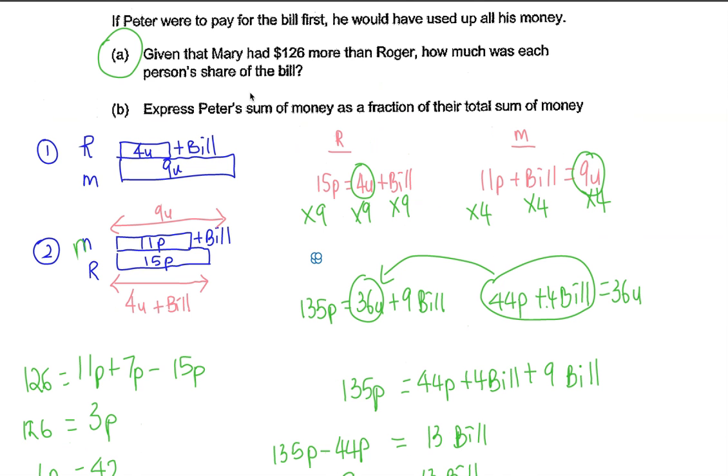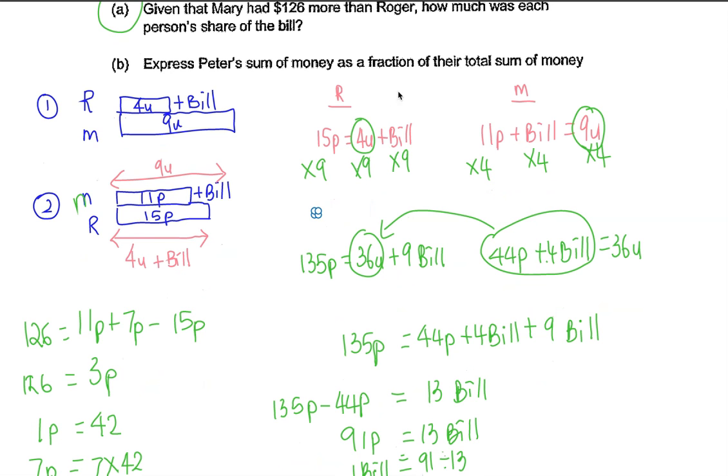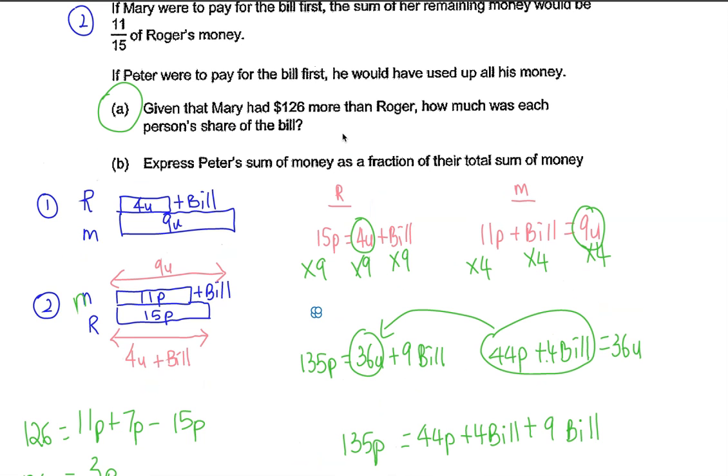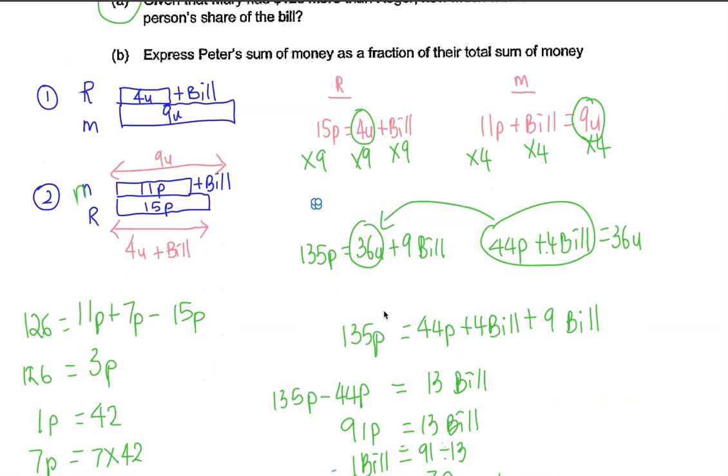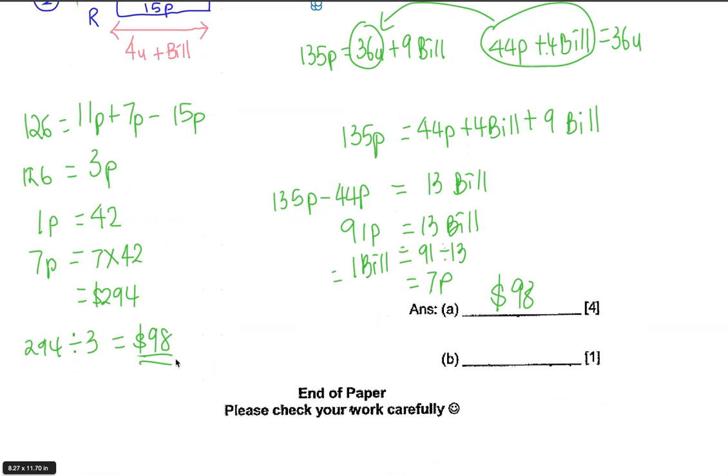Now, how about part B? Express Peter's sum of money as a fraction of their total sum of money. Now we know what Peter's sum of money is, right? Because in this statement here, if Peter were to pay for the bill first, he will have used up all his money. So we know that Peter's money is actually 294, correct?